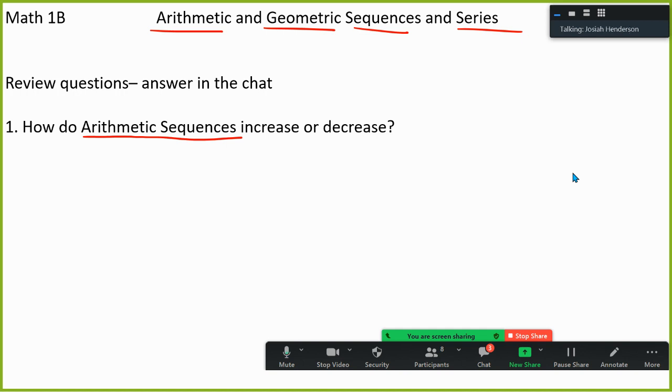All right, I see 3 responses in the chat. Thank you to people who are answering. Let's see, there's 8 people in the call. So that means there's 7 of you folks in class with me. So this is what we've been doing all week. You should have some idea of what arithmetic sequences are and how they increase or decrease.